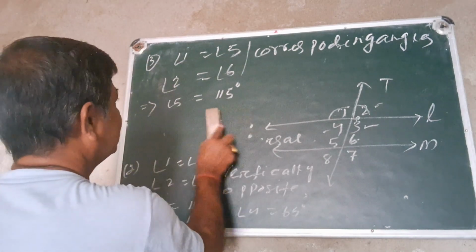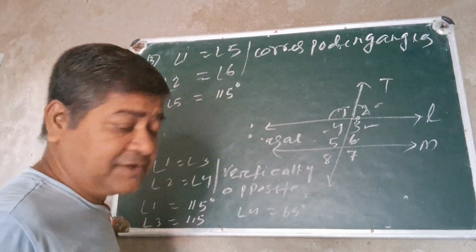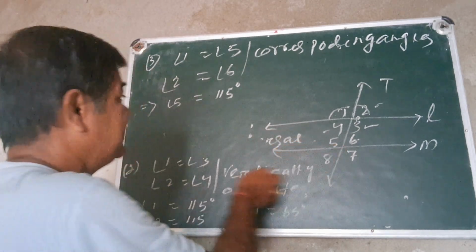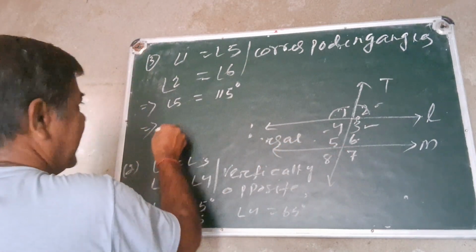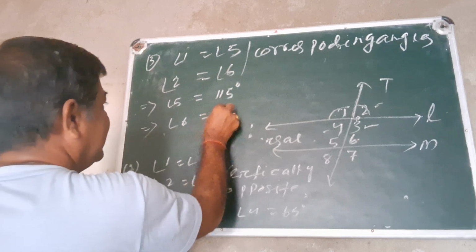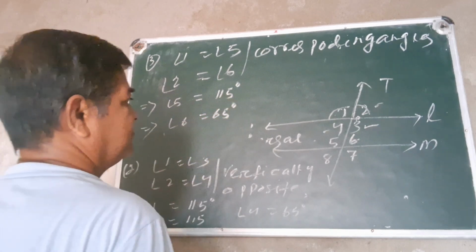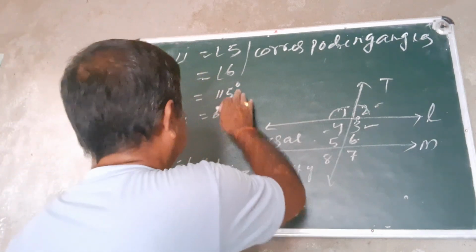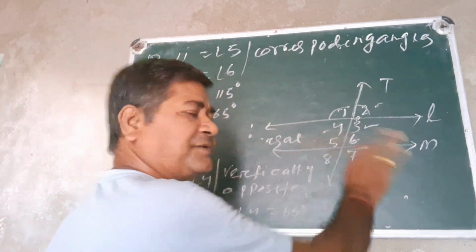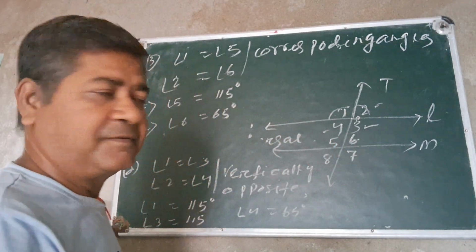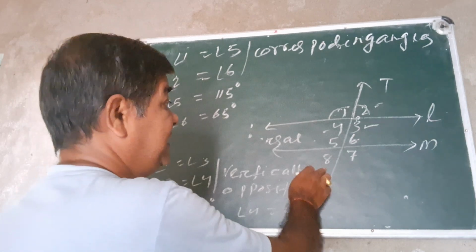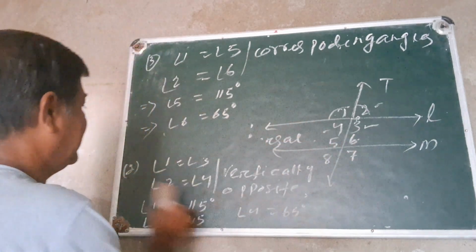Similarly, angle 2 equal to angle 6. Angle 2 is given 65 degrees, that implies angle 6 also 65 degrees. Now angles 5 and 6 are found. Now 8 and 7, how can we find out?